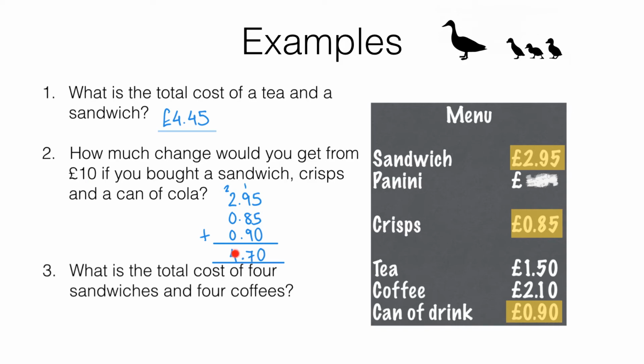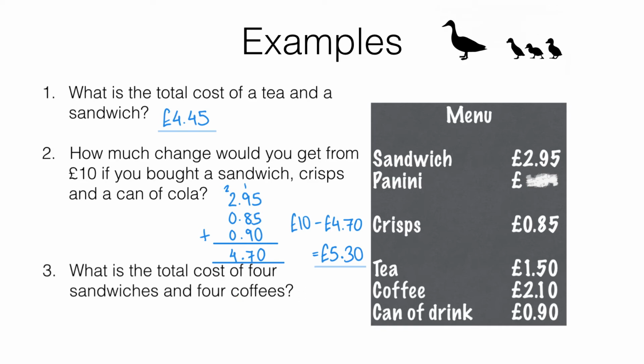Well, if I add on 30 pence to £4.70, that will get me up to £5. And then I need to add on another £5 to get up to £10. So in total, I need to add on £5.30 more to get to £10, which means we get £5.30 in change.